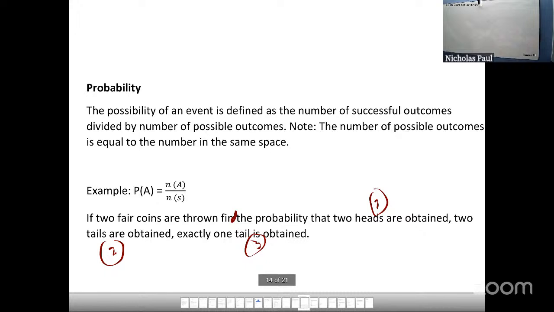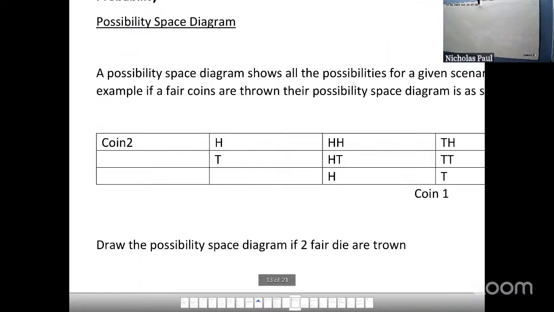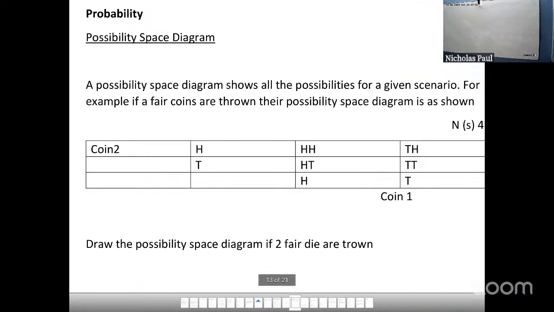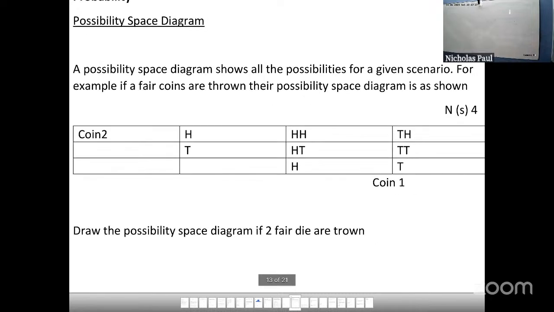So the question is we're going to throw 2 coins. And a coin has what? Head and tail, right? We are looking at head and tail for now. So let's go back now and try to develop a possibility space diagram. I'm sure you'll understand what's going on there.